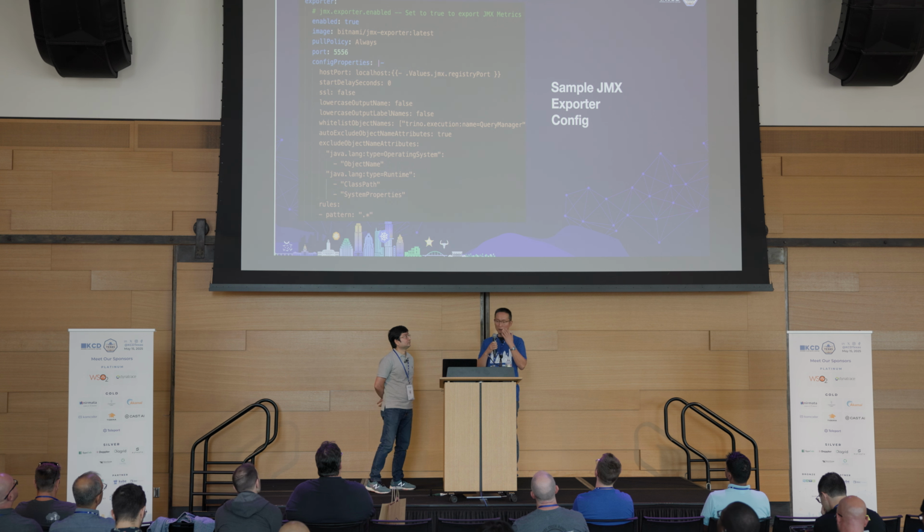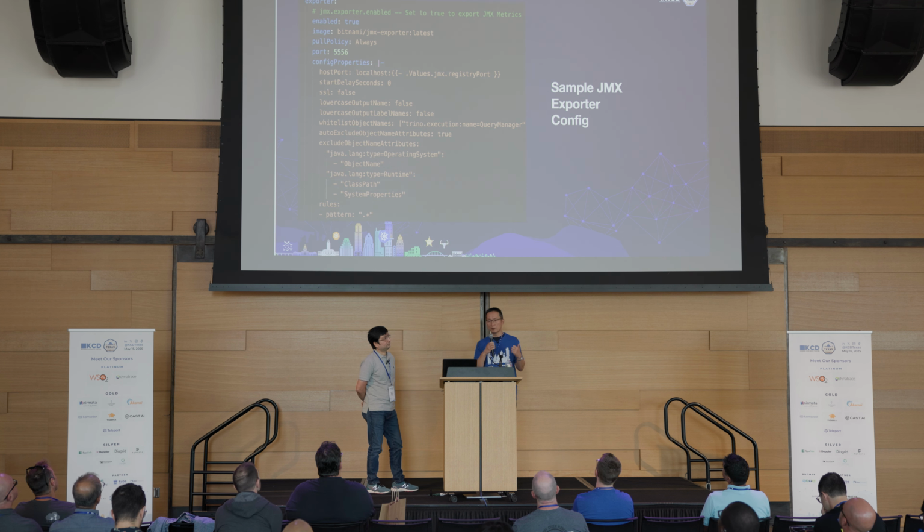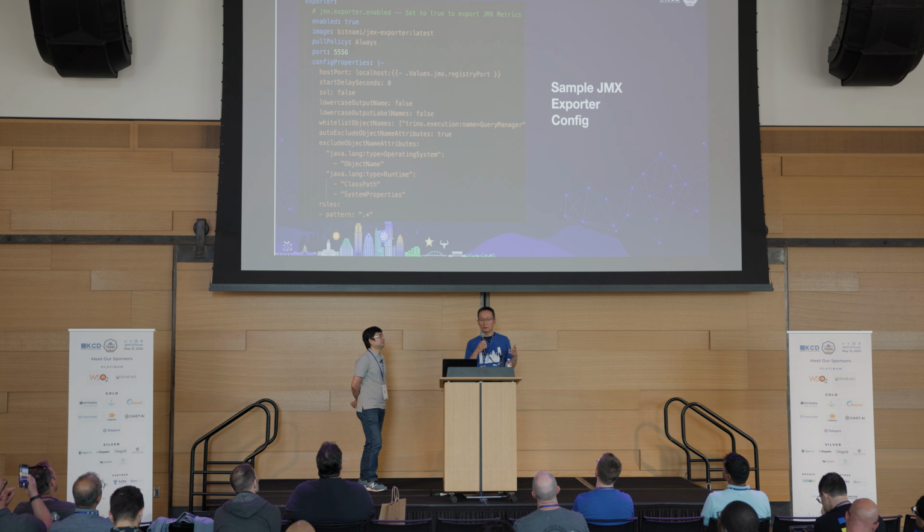Here's a quick example of the JMX exporter. You can easily enable JMX and set up the JMX exporter through the Trino Helm chart. I don't expect people to read the whole manifest. What's important here is, one, you set up the host port to point to the registry port of the Trino JMX.